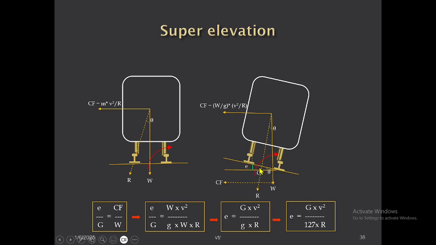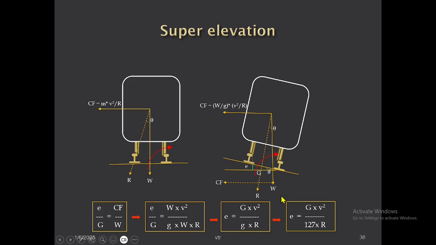So both are similar triangles, and by the similar triangle principle we can make an equation: cant E divided by G, the gauge of the track, where E is the cant or superelevation, equals CF, the centrifugal force, divided by the weight.